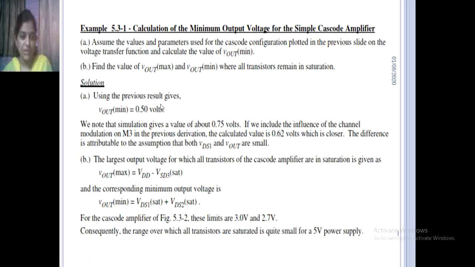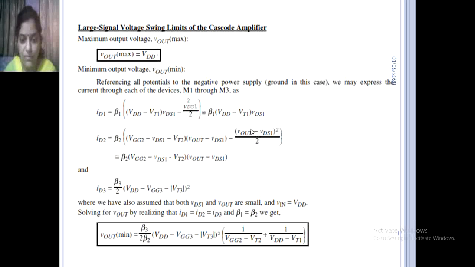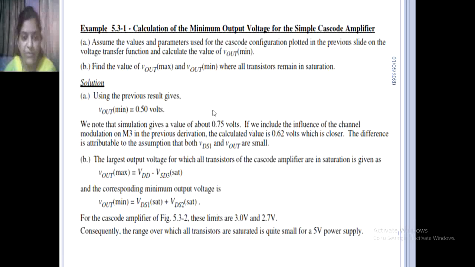Using the previous result, Vout min is 0.50 volts. We know that simulation gives a value of about 0.75 volts.